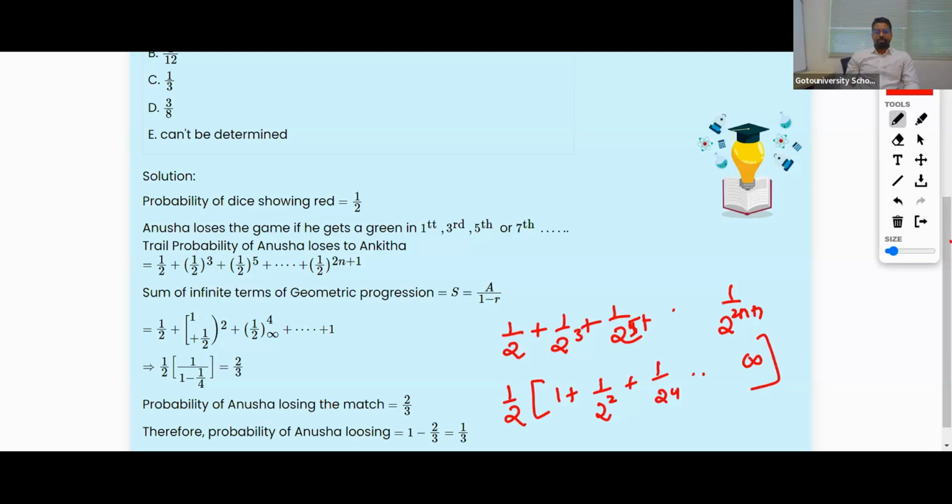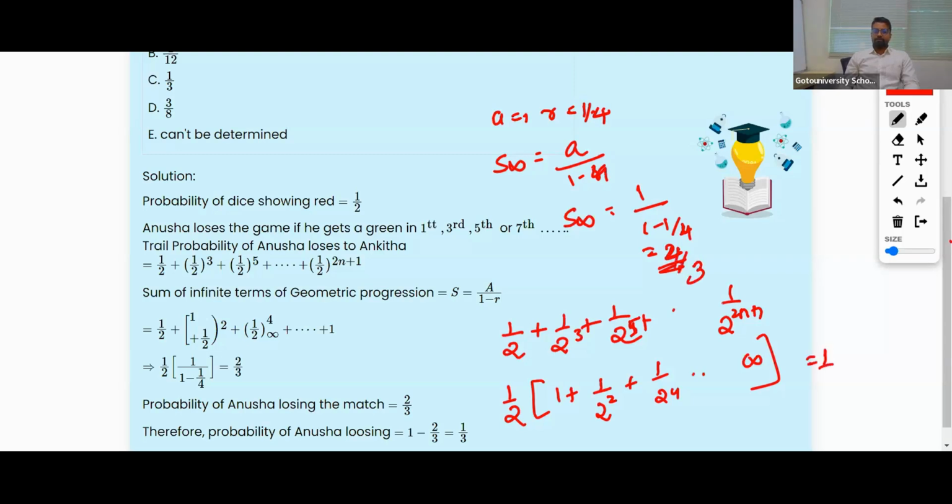So it's a geometric progression, right? Where a is 1 and r is 1 by 2. What is the sum of the infinite series formula? a by 1 minus r. Let me check this again. This r is 1 by 4, not 1 by 2. So it's going to be 1 minus 1 by 4, which will become 4 by 3.